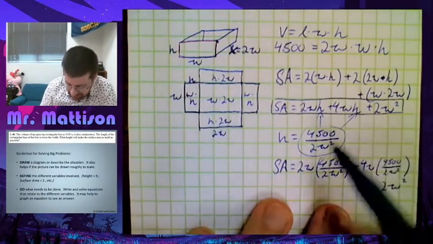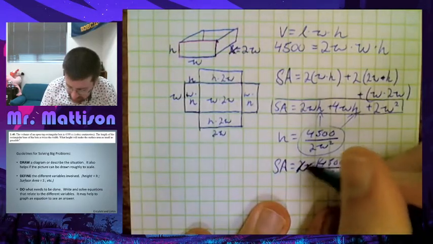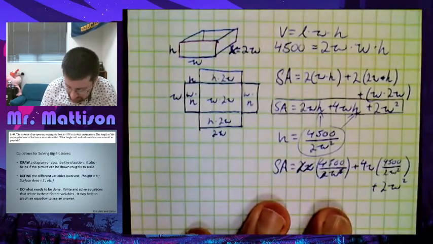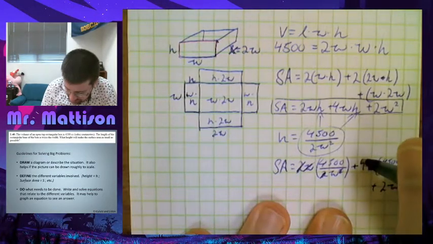So off the bat, this one here, I can reduce that. The 2 and the 2 are going to reduce out. This W and one of those W's will cancel out. Over here, this W and one of those W's, and then this 4 and this 2 will reduce to just a 2.